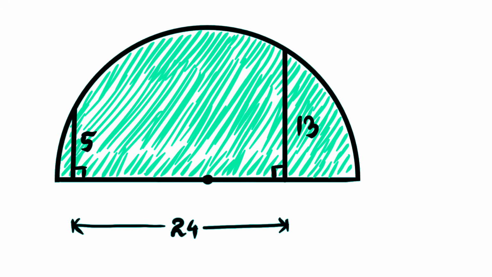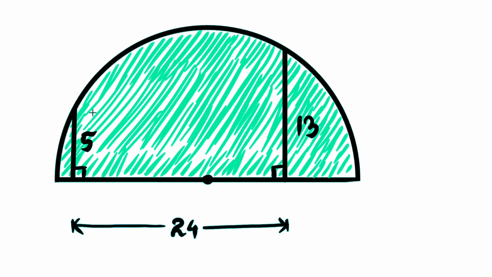All right, let's work through this semicircle problem carefully, because the diagram may look a little complicated, but the actual idea is based on two simple right triangles. We have a semicircle, and two vertical segments are drawn upward from its diameter to the curved edge.